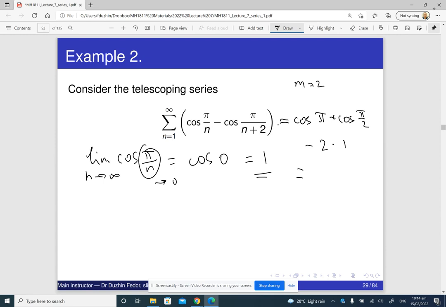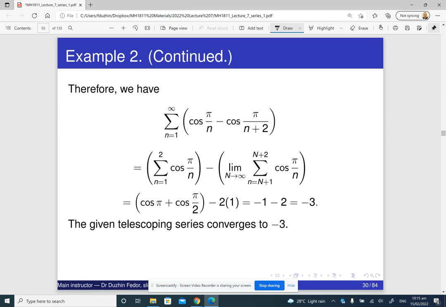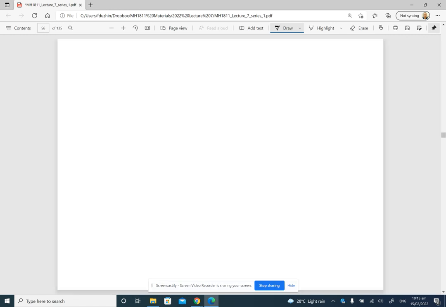Cosine of pi is negative 1, cosine of pi over 2 is 0, so this is negative 3. This is how we can apply the formula. So here the telescoping series converges to negative 3. The sum of our telescoping series is negative 3.